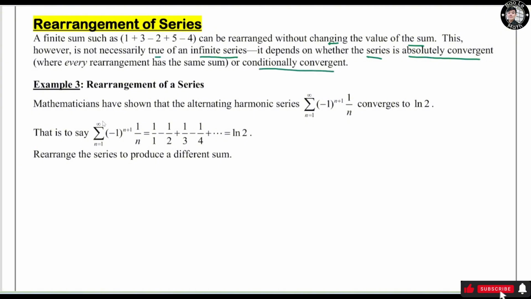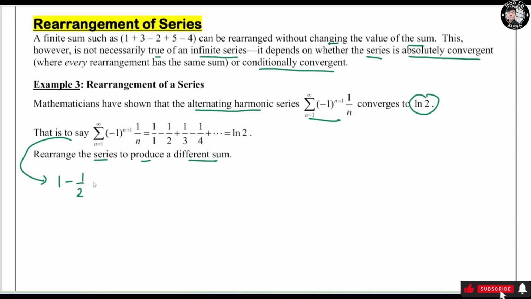Alright, so let's take a look at example number 3. It has been proved that the alternating harmonic series converges to ln 2. Now, rearrange the series to produce a different sum. We're going to rewrite this one as 1 divided by 1, which is 1, minus 1 half, right?